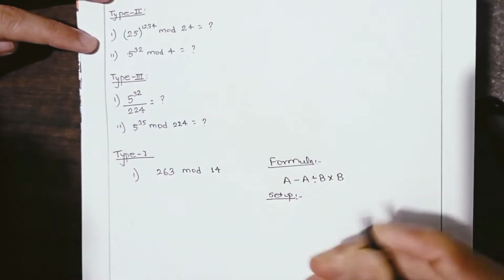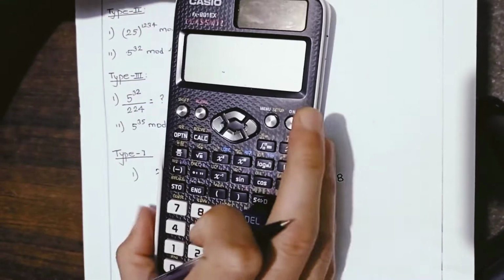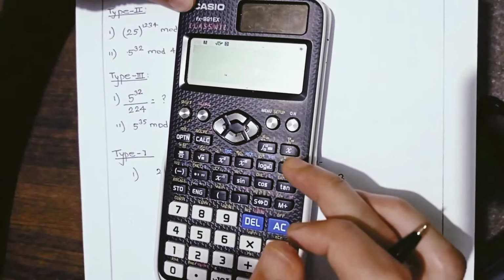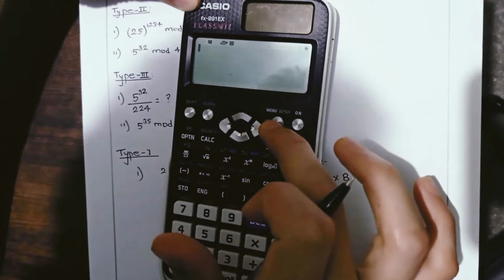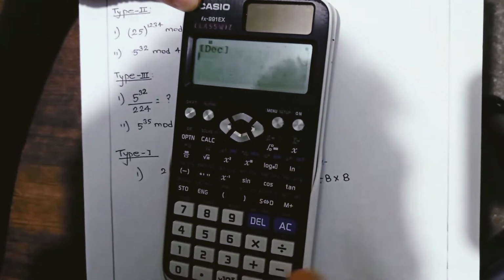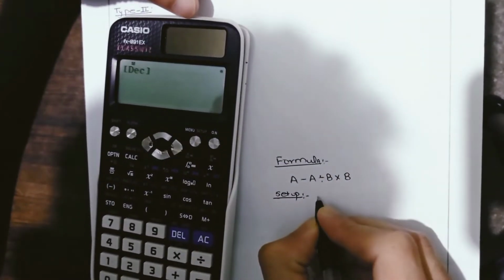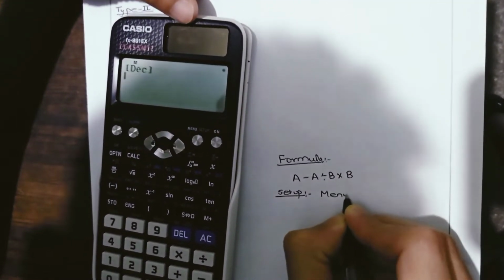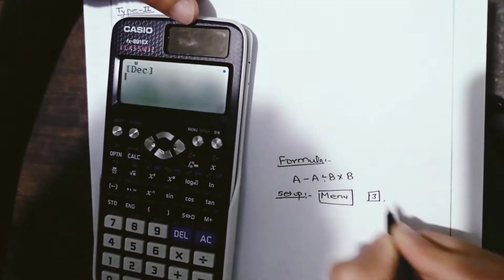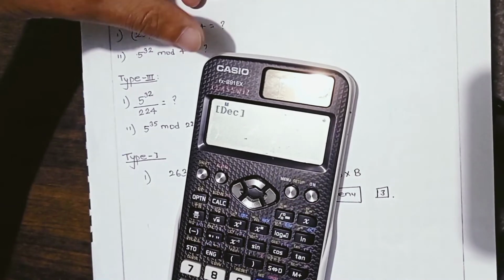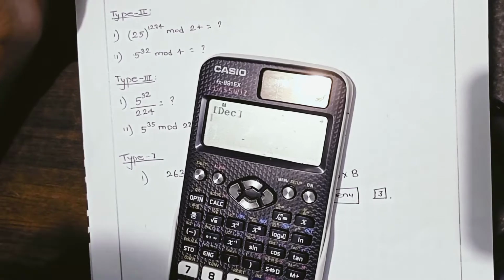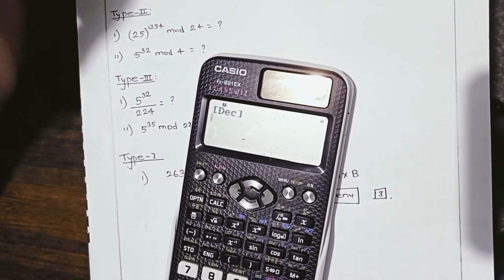I'll do it from the beginning. First, go to the menu button, then to number 3, that is Base-N. You will see this interface, where it shows decimal, in the fx-991EX calculator.